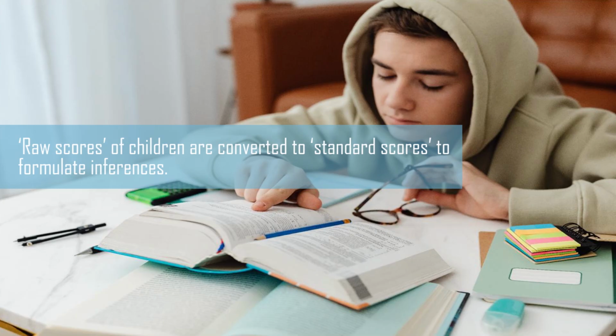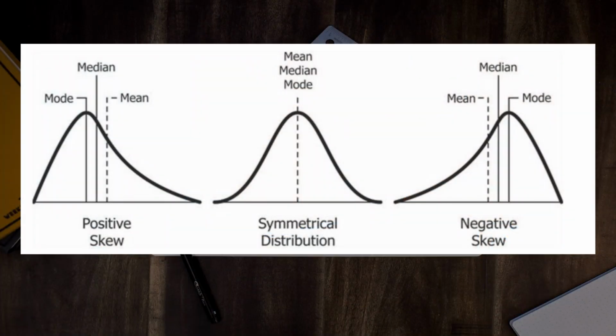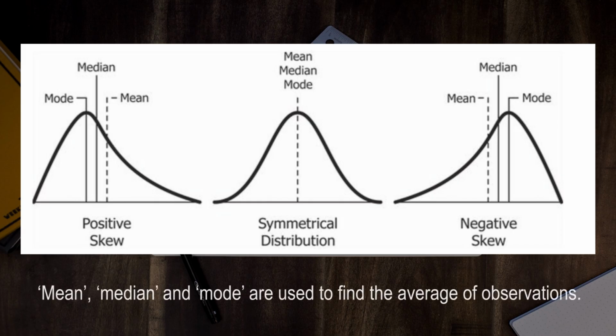When we analyze educational data, it may be in terms of achievement of the students, we use these statistics to find out the average scores of the group. Finding mean, median, and mode is only possible when we have the group data. It is not possible if you have only individual data. If we know the score of each and every individual of the group, then we can find out the average observation.